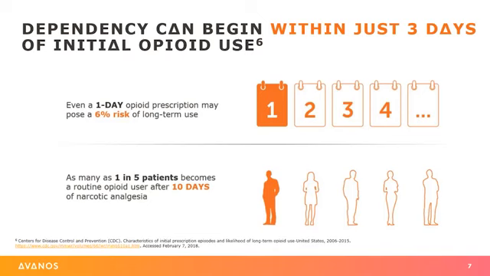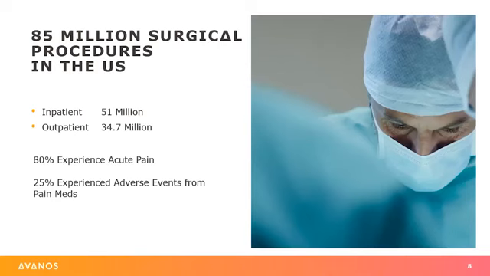So anything we can do for our patients to control their acute pain, to decrease their opioid consumption, and to really limit their exposure is really going to be valuable to those patients, not only for not having pain, but also to prevent this sort of dependence or addiction to opioids. This just sort of gives you some idea of the context.